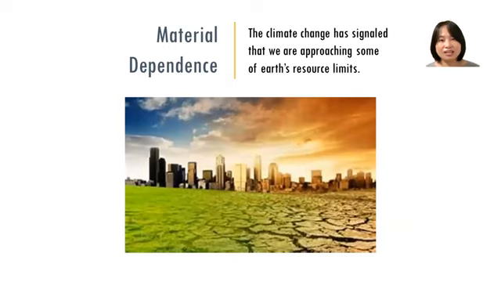And this, I think, is a signal telling us something is wrong with the earth. And we are approaching some of Earth's resource limits already. That's why this is the reaction to the action that we put on the Earth's resources and limits. Okay.